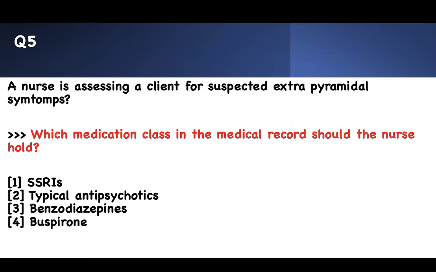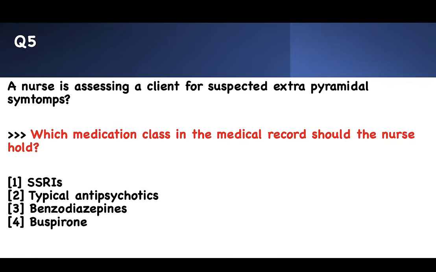This is just teaching you how to do this kind of question so that you can memorize the concept and use it to apply. And this is assessing a client suspected of what? Extrapyramidal symptoms, right? Which medication class in the medical record should the nurse hold? He has extrapyramidal symptoms. What do you think is the major side effect of medication that causes EPS? Which one?